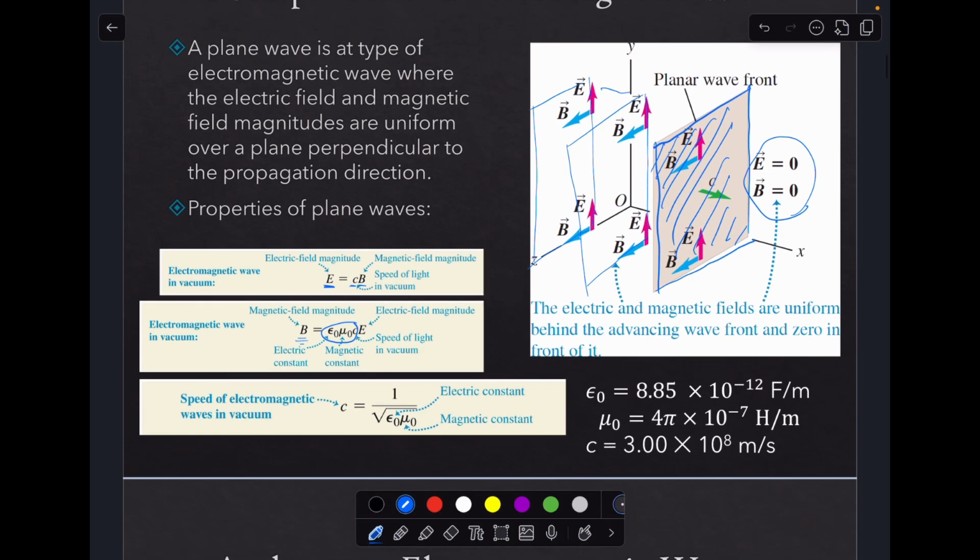And so finally, if you combine these two equations together, what you see is C. We did a previous example, I think it was in the sources of magnetic field section, where we saw this equation and found it. And basically what it's saying is that the speed of any electromagnetic wave in vacuum is universal. It's equal only to 1 over the square root of the permittivity and the permeability of free space.